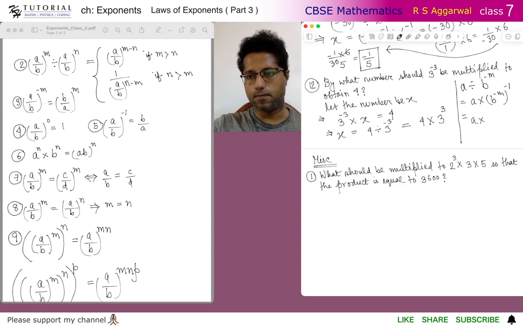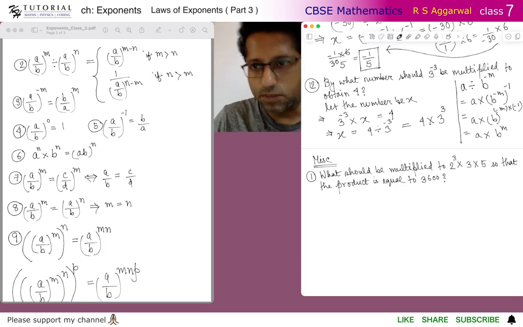This will be b to the power minus m multiplied by minus 1, which is nothing but a multiplied by b to the power m. So this is how it is coming.